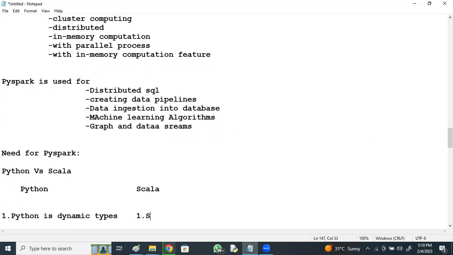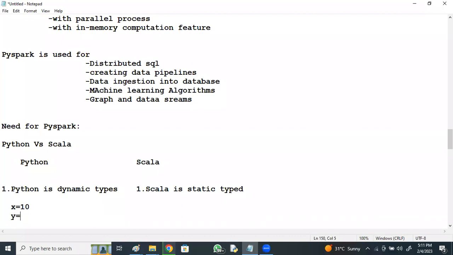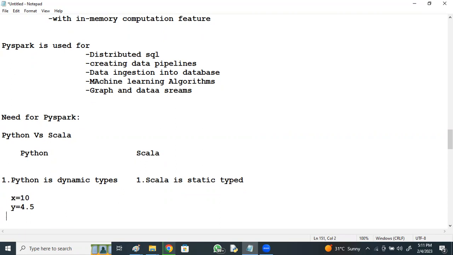Scala is statically typed. What do you mean by dynamic type? I can say X has 10, Y has 4.5. What is the type of Y? As you have assigned a float value, a float variable is created. As you have assigned an integer value, an integer variable is created. As you assign a string, a string variable is created, right?